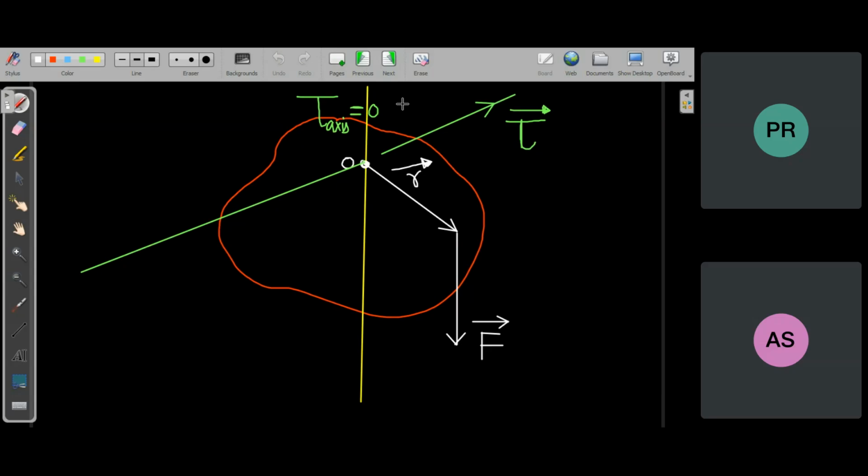Also, perpendicular to the plane there will be two directions. Out of those two directions, one direction is selected according to the right hand thumb rule.